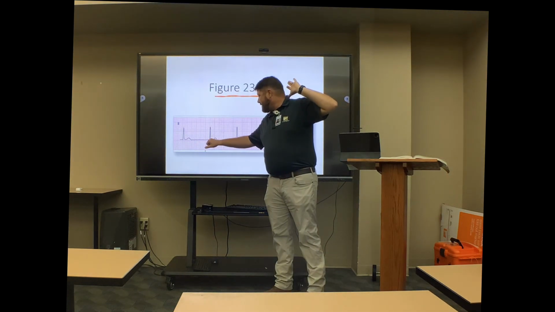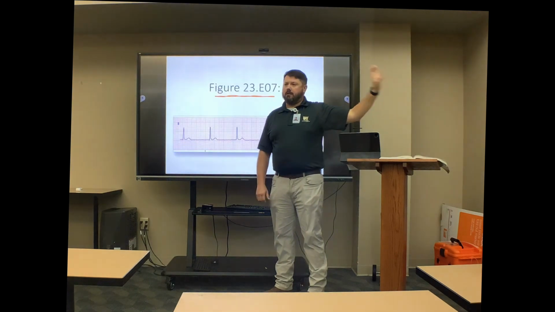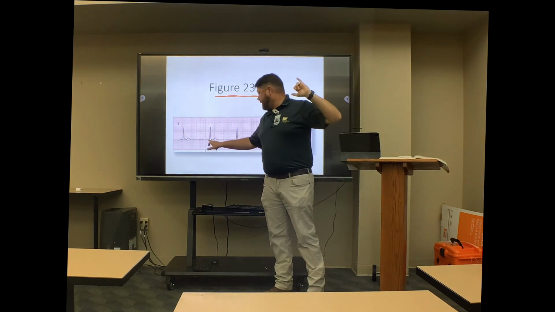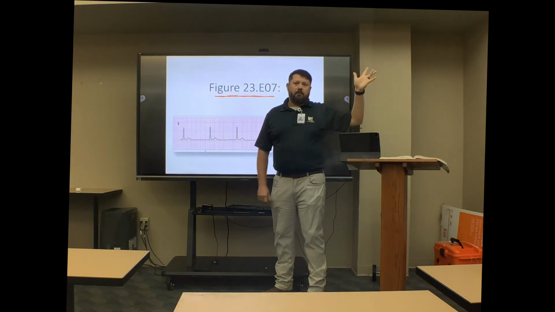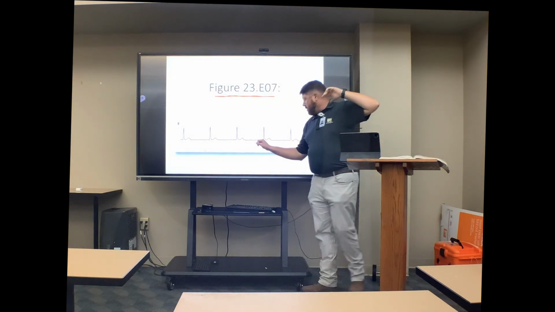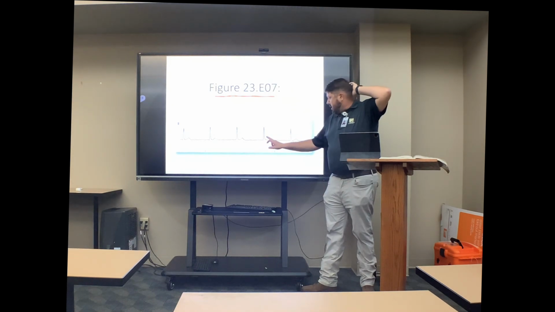This may be something, but I'm not going to step out on a limb and say, hey, that's an inverted P wave. All right, that probably is something there. I'm just going to say it's absent. All right. But my QRSs are fine. I do have a little swoop right there.